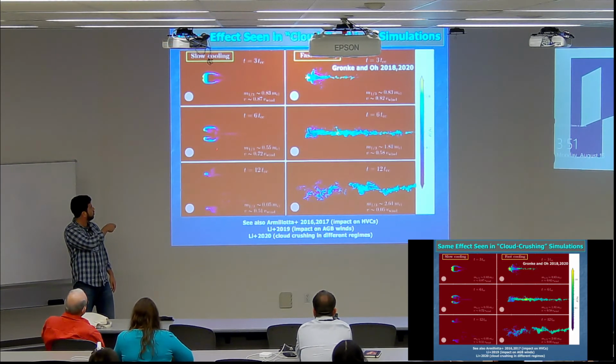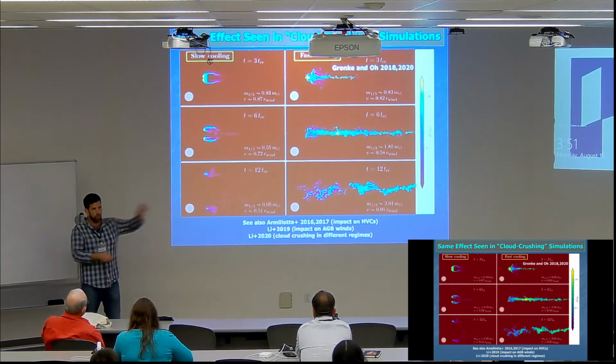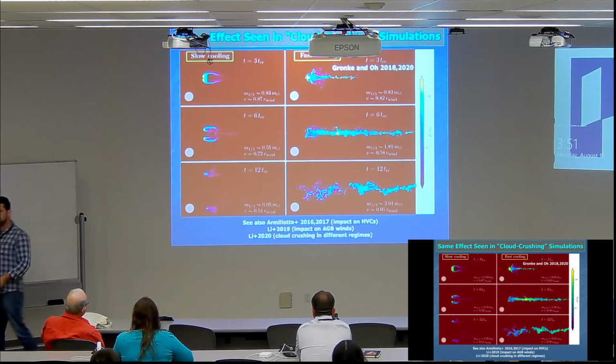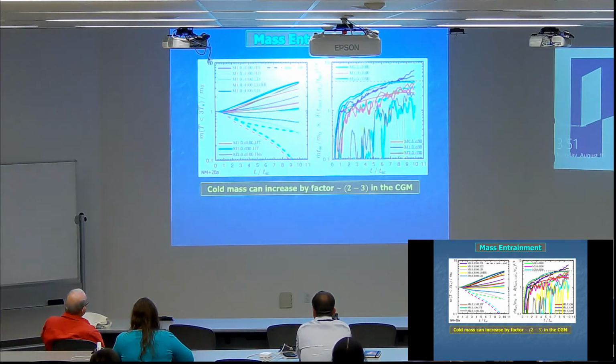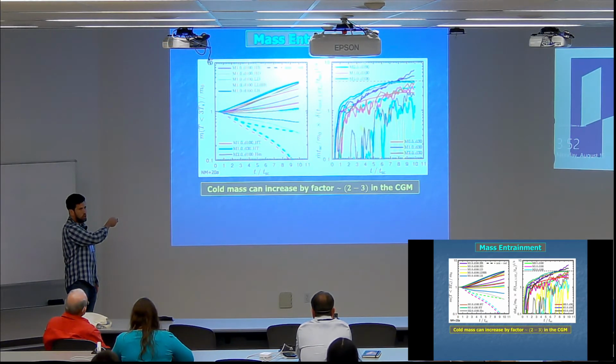If you're in the slow cooling regime, a cold cloud flowing through a hot CGM is going to completely disrupt. If you're in the fast cooling regime, the cold mass actually tends to grow as hot gas entrains onto the tail of the cloud. More quantitatively, you can plot the cold mass as a function of time. These 5 lines are in the no cooling or slow cooling regime. All these lines are in the fast cooling regime, and indeed the cold mass seems to grow as a function of time.